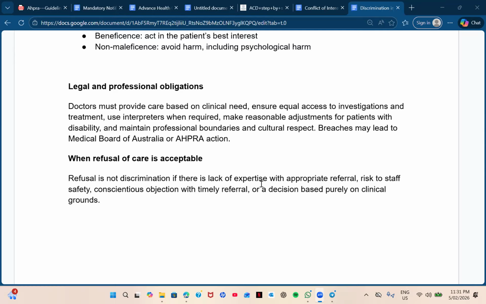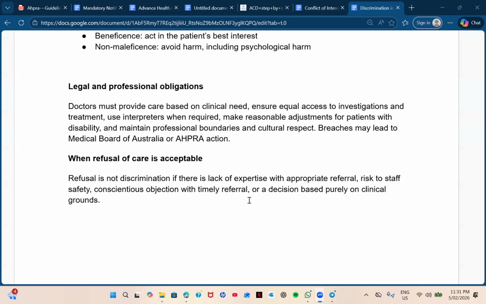In that case, the doctor can explain their situation. Sometimes it can be due to religious reasons, so they can explain and refer these patients to another GP, right? So that's a refusal of care that is not discrimination.